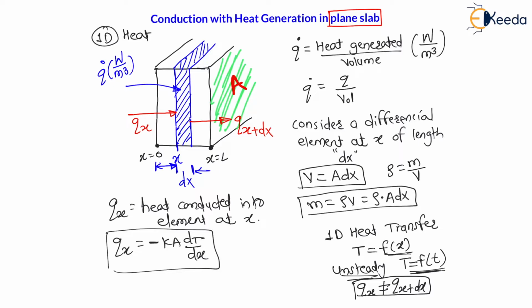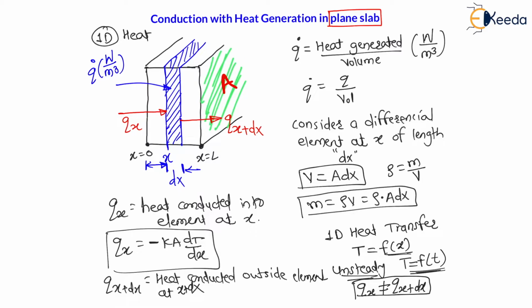Therefore, we can write qx plus dx will be equal to the heat conducted outside the element at location x plus dx. Heat is going outside this element, right? Outside the element at distance x plus dx, right?